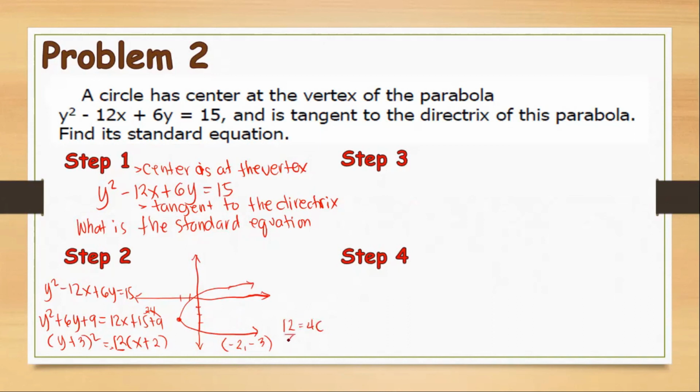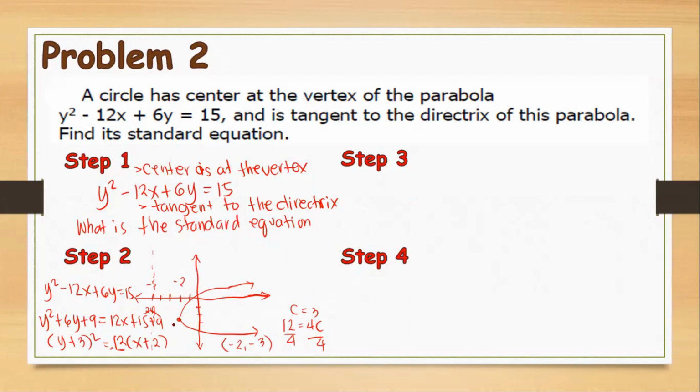And so, if we divide both sides by 4, c is equal to 3. From negative 2, we have to move back to find the directrix 3 units to the left. So it's 1, 2, 3. Negative 3, negative 4, negative 5. This will be the directrix of our parabola.